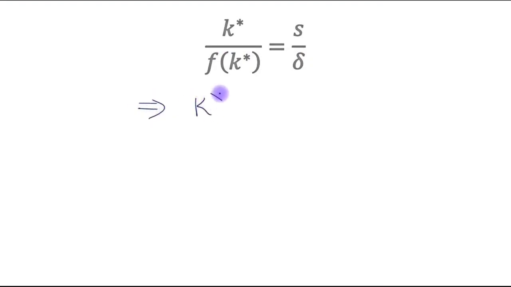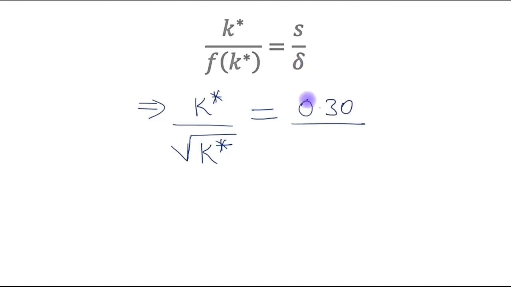So we can write k star upon root k star equals saving rate 0.30 upon depreciation rate 0.10.